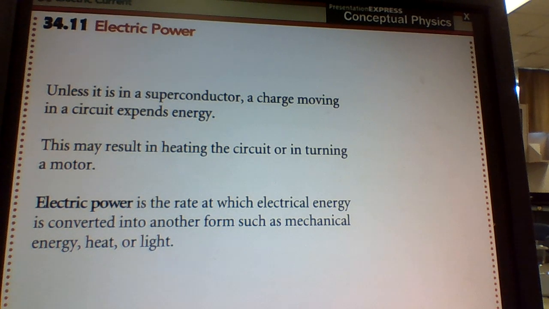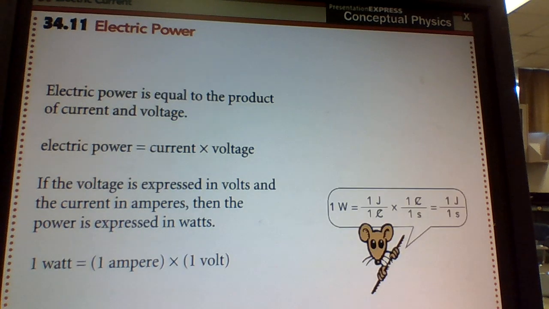And so we have what is known as electric power, which is the rate at which electrical energy is converted into some other form of energy like mechanical, heat, or light energy. Electric power is equal to the product of current and voltage. So P equals I times V, or electric power equals current times voltage.